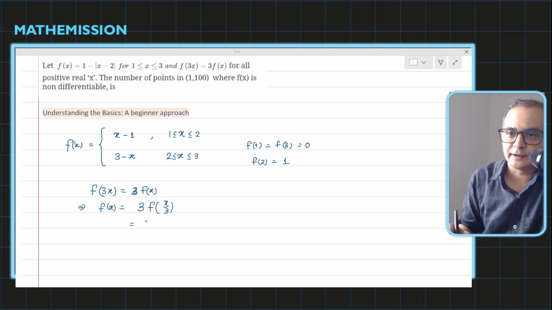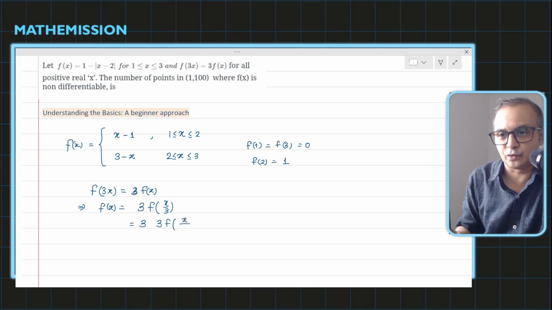So I can make this iteration again, and we can write this as 3 times f of, and the input is now 1/3 of the previous input, so that will become x/3 squared. As you can follow, this will give you 3 squared f of x over 3 squared.